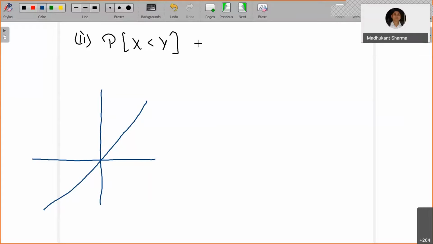So what you are looking for is the set of pairs (x, y) such that x is less than y. That is how you will interpret this, and you are going to take the double integral over this set of f_{X,Y}(x, y).